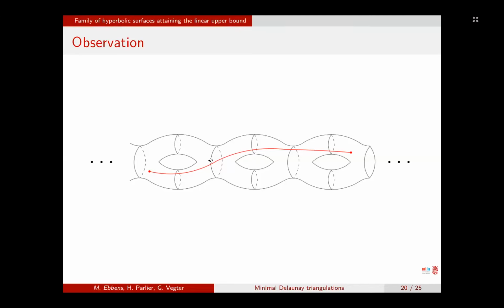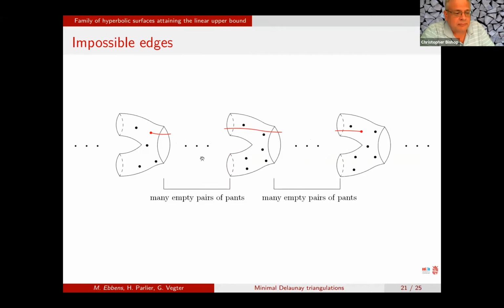And this gives a bound on the number of pairs of pants that might possibly still contain some vertices. So in the proof, which was a bit simplified of course, there is some constant n depending on A and B, and the first n pairs of pants may contain some vertices, and the last n as well, but then everything in the middle is empty. All right. So in this case, it would be the first one.